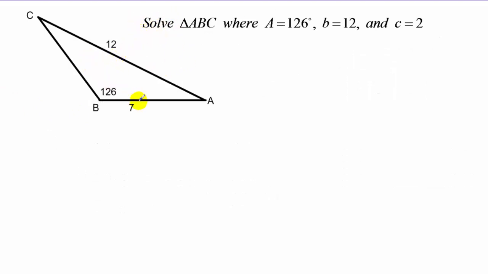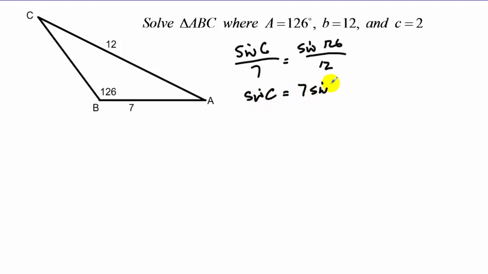So let's start using law of sines. We can find angle C first. So the sine of C over 7 is equal to the sine of 126 over 12. Sine C equals 7 sine 126 over 12.